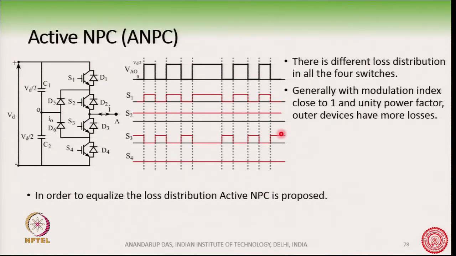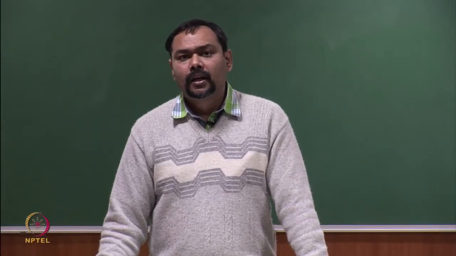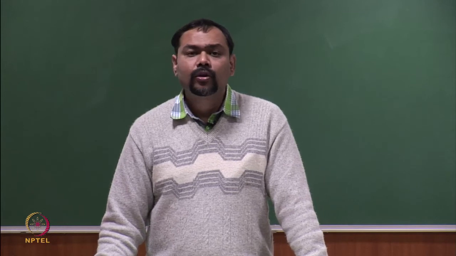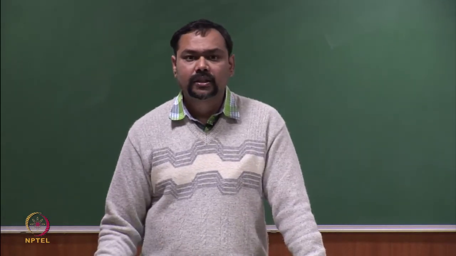And so, we see that S1 has both conduction as well as switching losses, whereas S2 has only conduction loss. So, with a reasonably good switching frequency, S1 will have more losses. Similarly, S4 will have more losses.